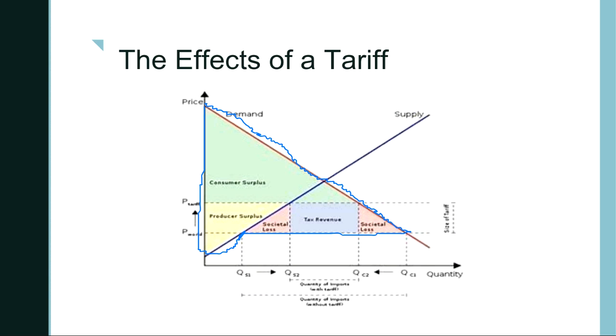This little yellow triangle was the producer surplus in the event of importing. And you might be like, oh, wow, consumers had a ton of the surplus here. And the answer is absolutely, they really did. The world price was substantially lower than the domestic price, and a very small quantity of the goods supplied in the country came from domestic markets.